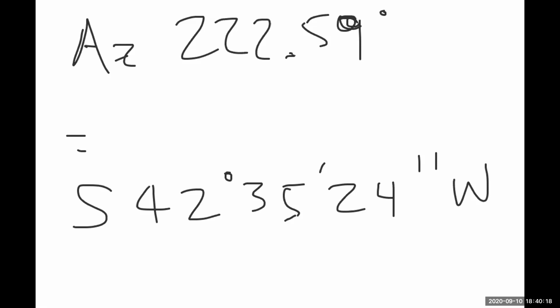Okay, azimuths will always be rounded to the nearest hundredth, so 2 decimal places. Bearings will always have 2 degrees placeholders, 2 minute placeholders, and 2 second placeholders as your final bearing. Okay, you won't see decimal seconds in a final bearing.